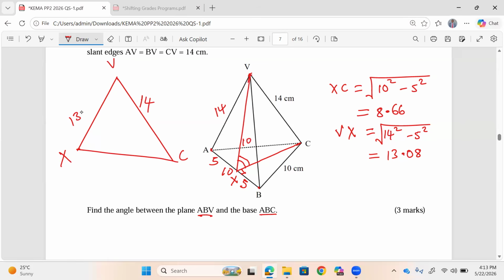This is 13.08, or rather, it is the square root of 171. Actually, we can work with the square root of 171. And this one is the square root of 75. So now we can find the angle at this point. That's our angle VXC.